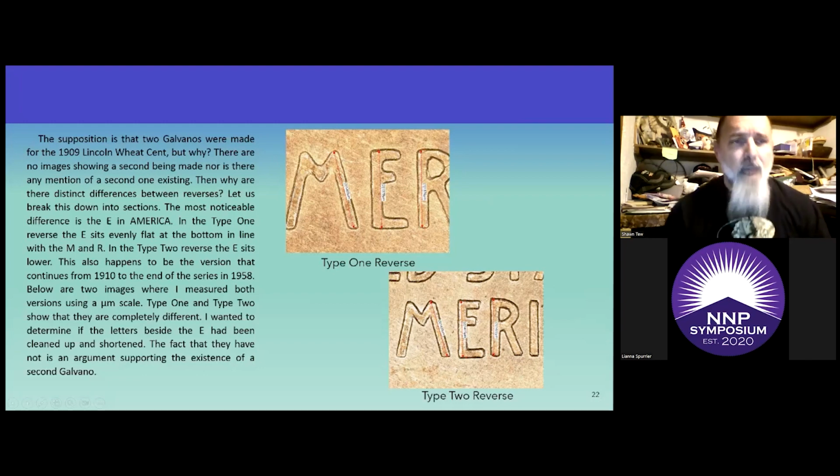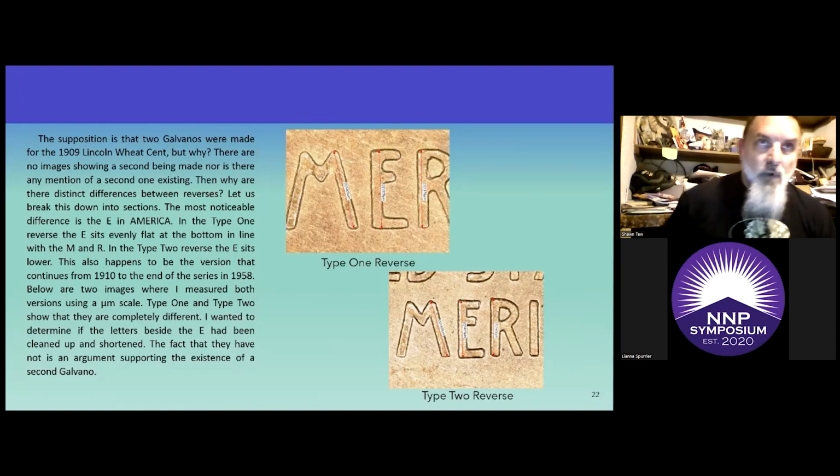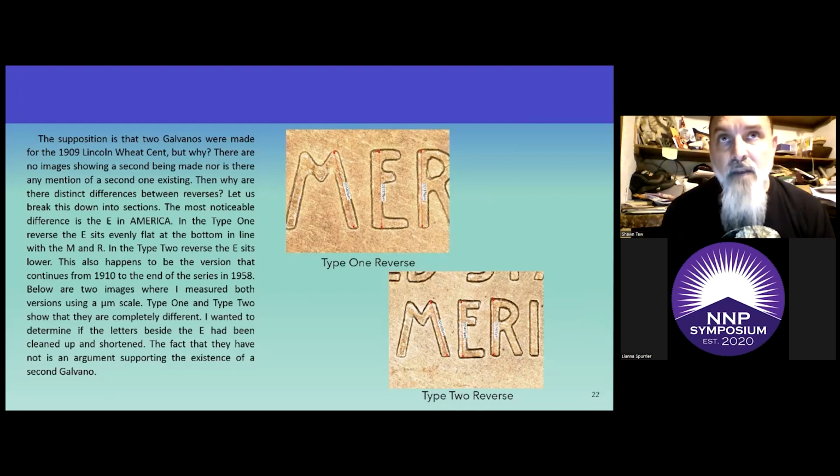This also happens to be the second reverse, the Barber reverse, the one that continues on through from 1910 to 1958. In the past, I've seen where it was noted that some of the second reverses on 1909 were referred to as the 1909 reverse of 1910.